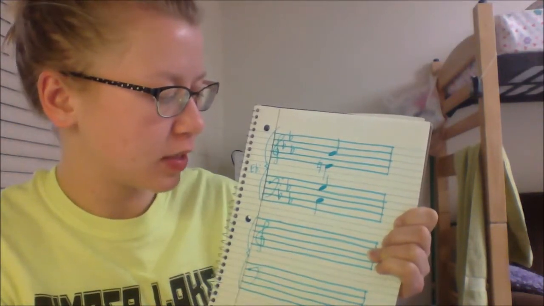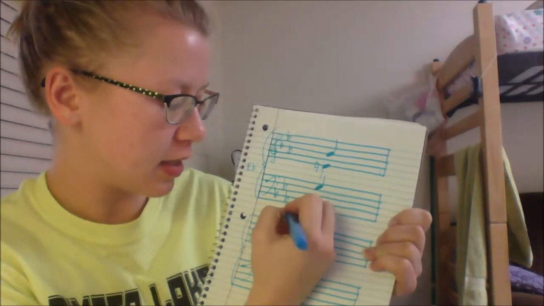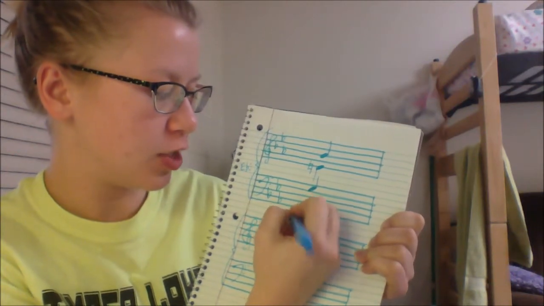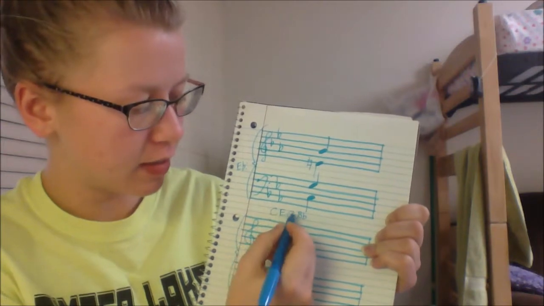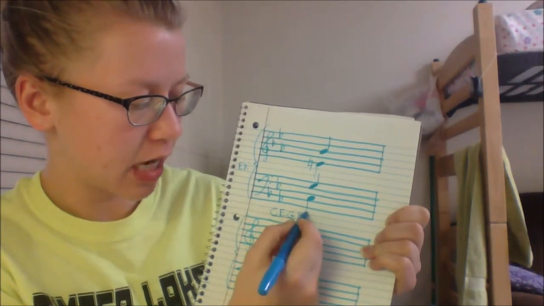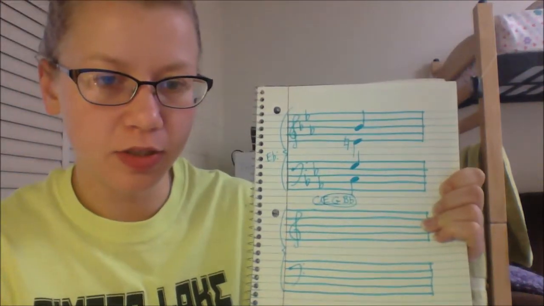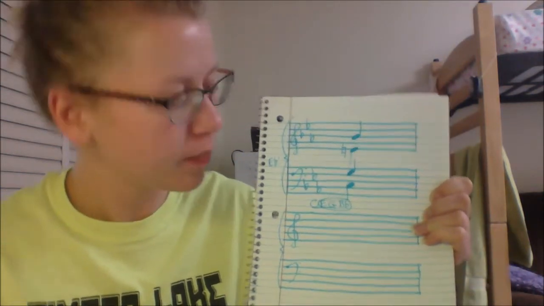So looking at this, if we were to put this in root position, we would have C, E natural, G, B flat. And so this is a major triad underneath a diminished triad, which makes a dominant 7 chord. Tracking with me? I hope so.